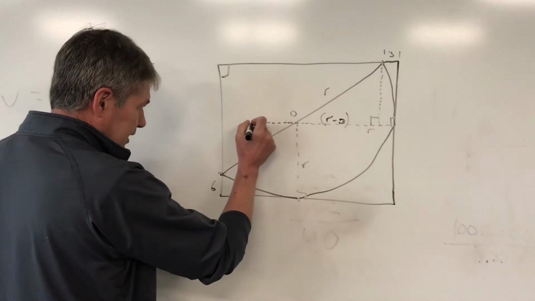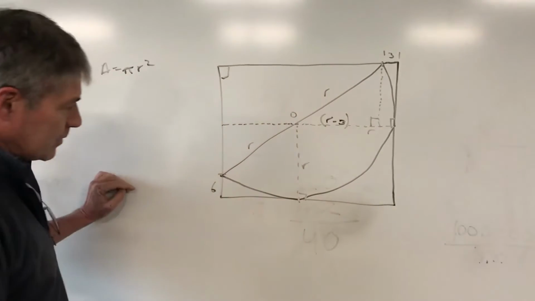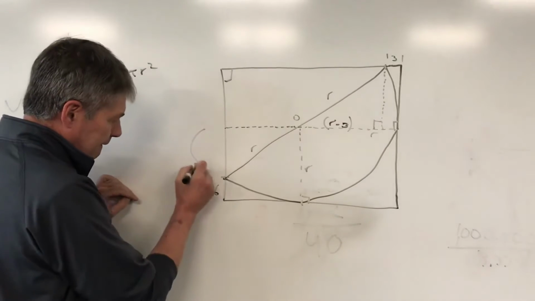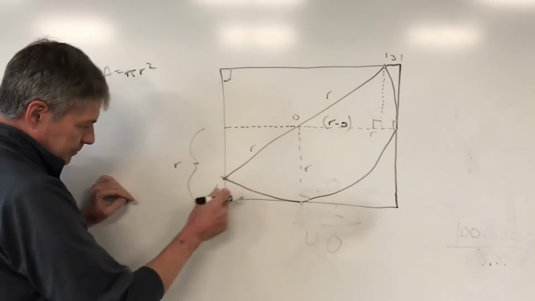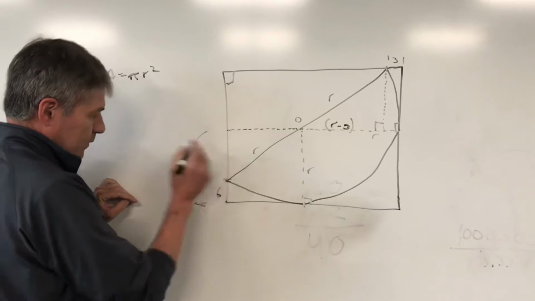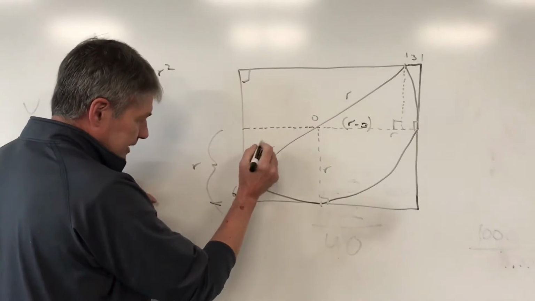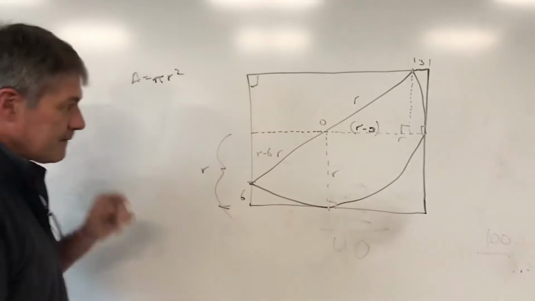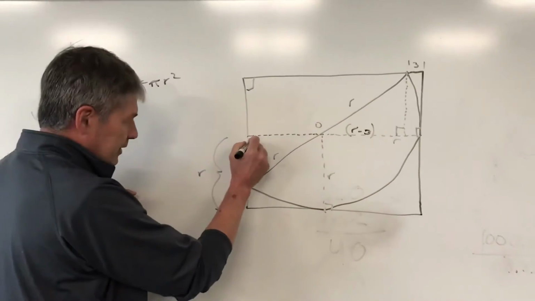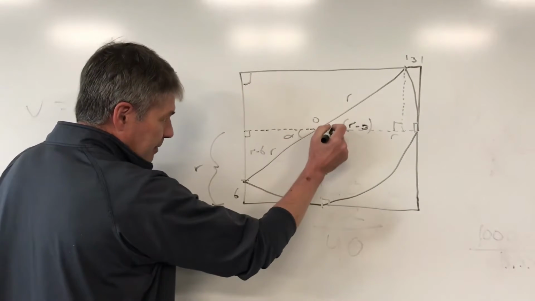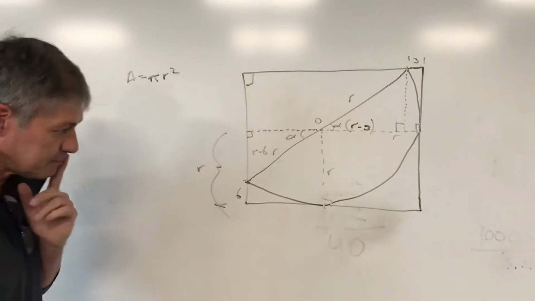It comes straight across. I know that this distance is r from here to here, right? So this side here is equal to r minus 6. Is this a right triangle? Because of this bisection here, I know that this angle and this angle are the same.